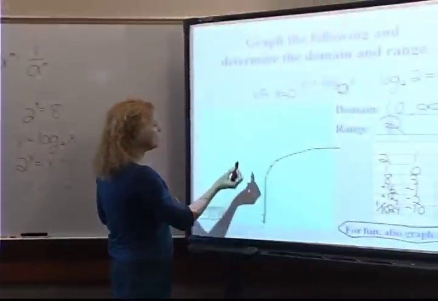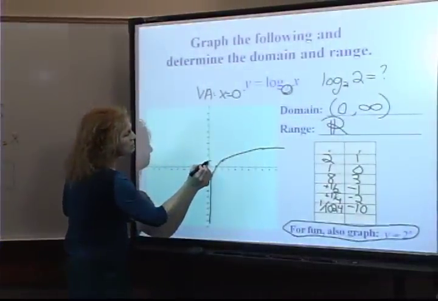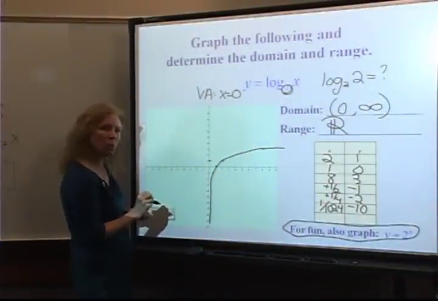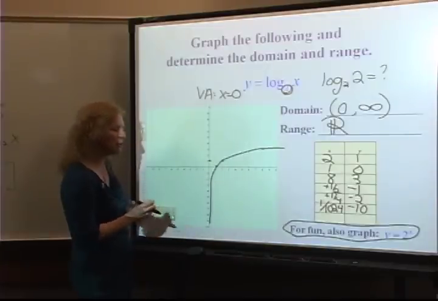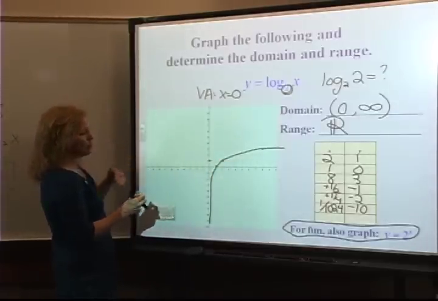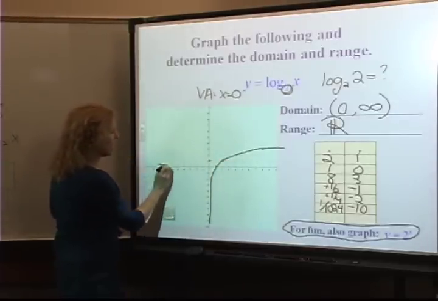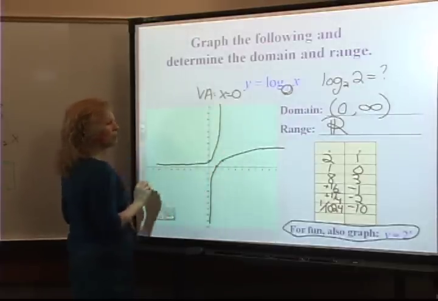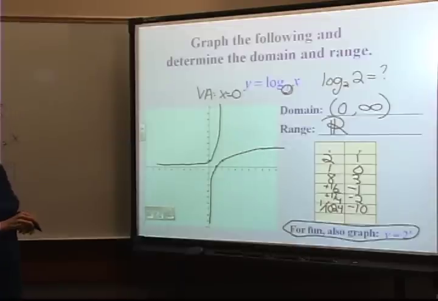So let's see what that looks like. We've graphed these before. All of those exponential functions go through the point (0, 1), assuming we have no transformations on them. They all have the x-axis as a horizontal asymptote, and then they turn and take a pretty wicked curve upward.